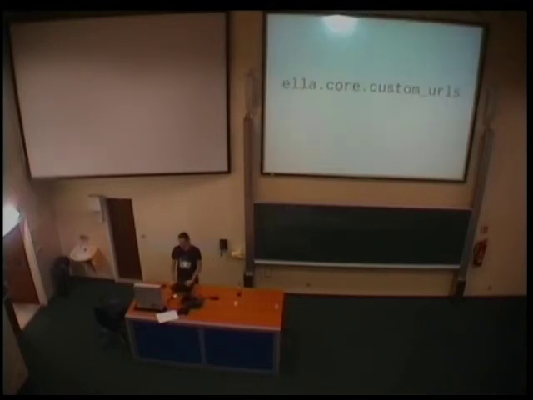So that's another part where we have a convenient plugin that actually does this, and this is actually a part of Ella. It's something that we call custom URLs, and it's a mechanism how I can supplement the existing URL schema of Ella itself. So how does it look in real life?